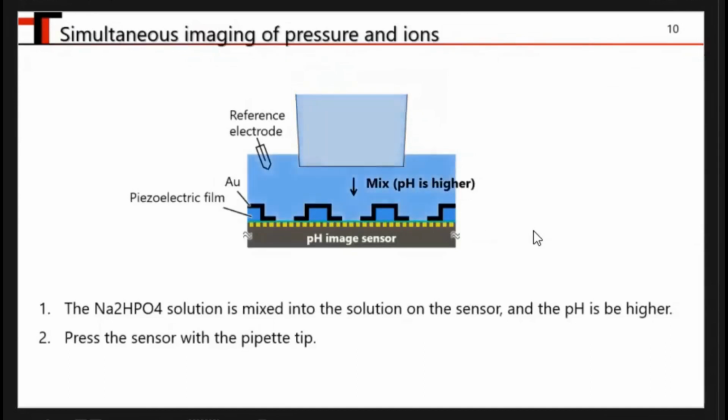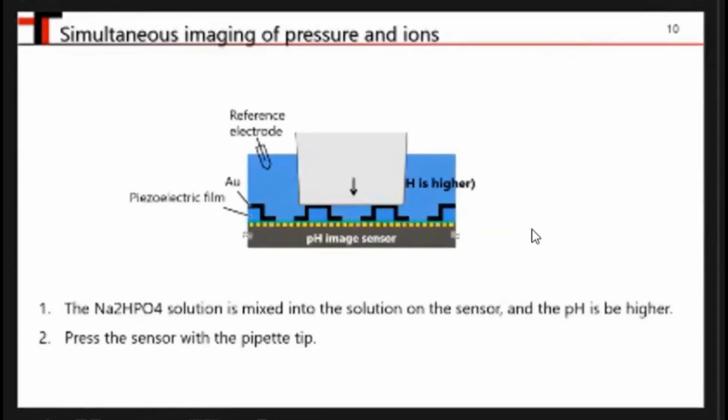And as a result, the pH is higher. And next, press the sensor with the pipette tip. In this way, simultaneous imaging of pressure and ions can be conducted.